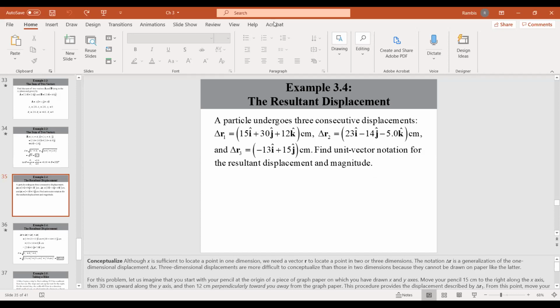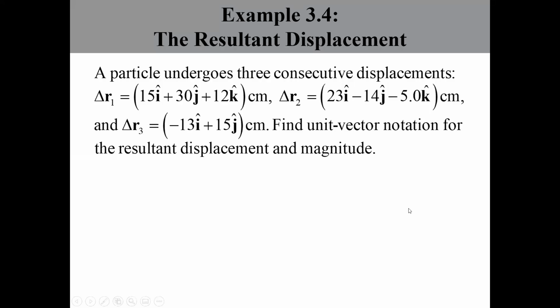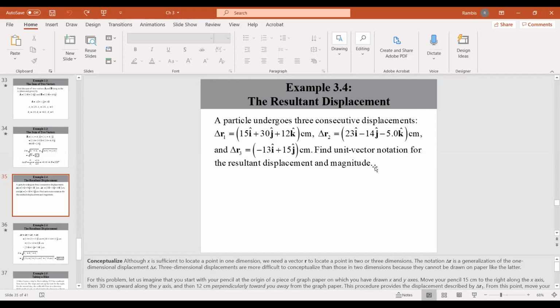Okay, let's spend a couple of minutes on that. Now, how are we going to do that? The way we add these 3 vectors together: we basically have 15i plus 30j plus 12k, plus 23i minus 14j minus 5k, plus negative 30i plus 15j.